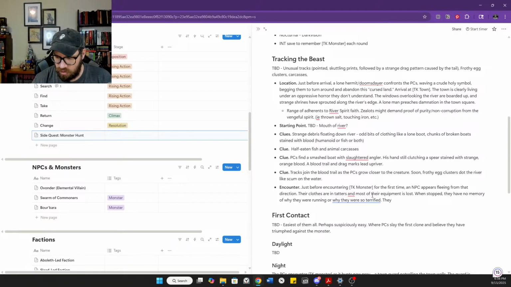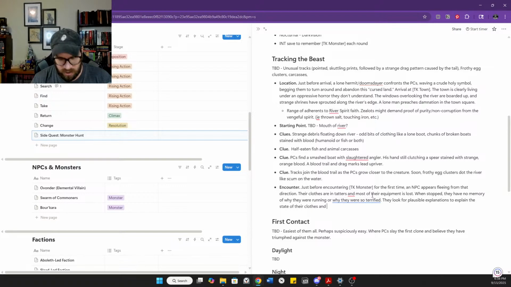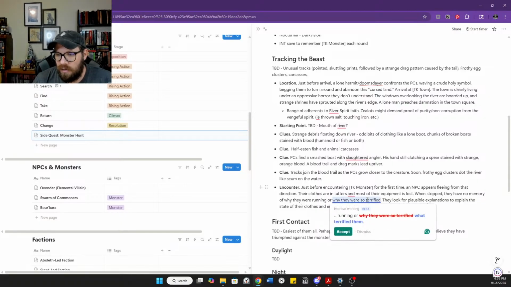They look for plausible explanations to explain the state of their clothes and equipment, but these explanations don't quite add up.